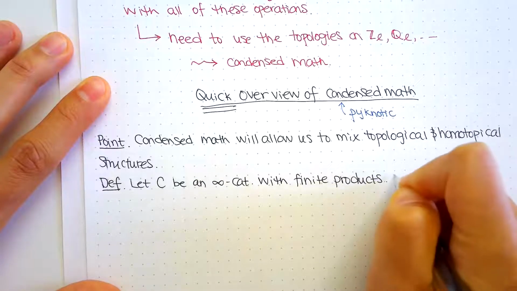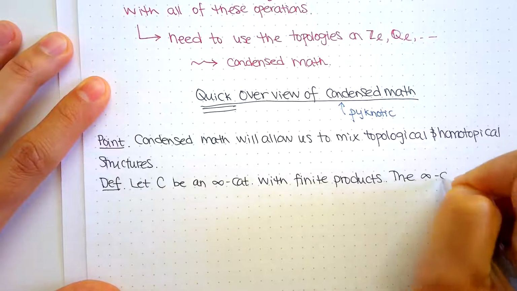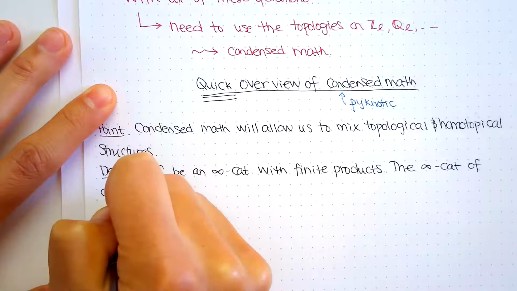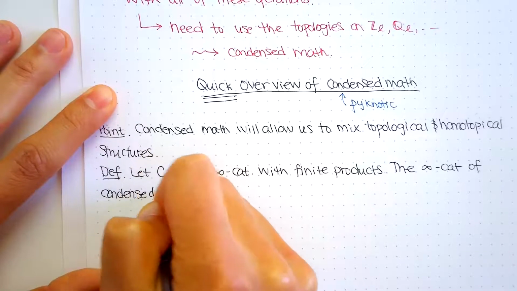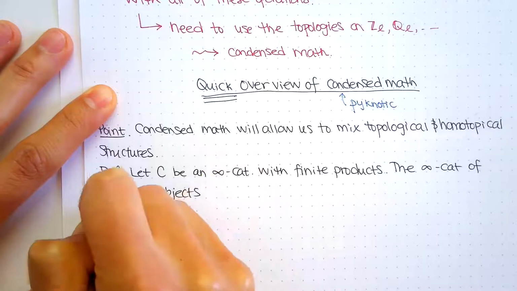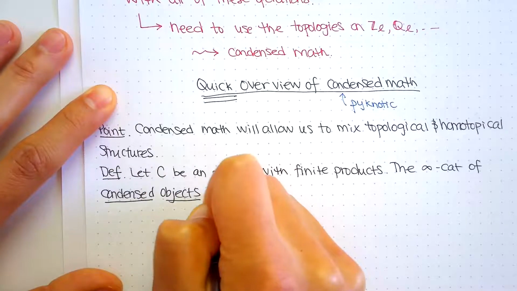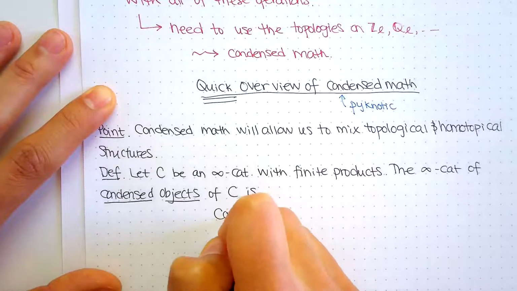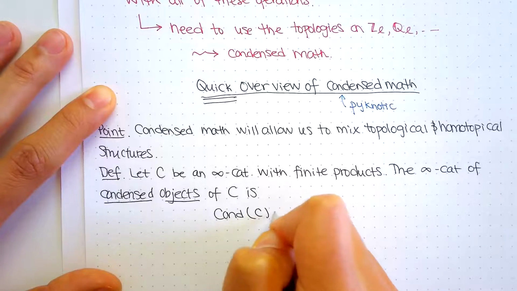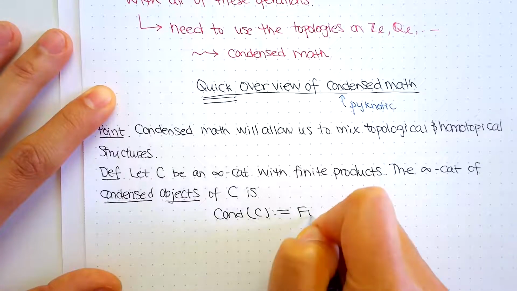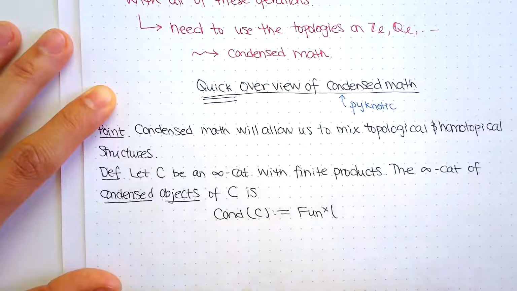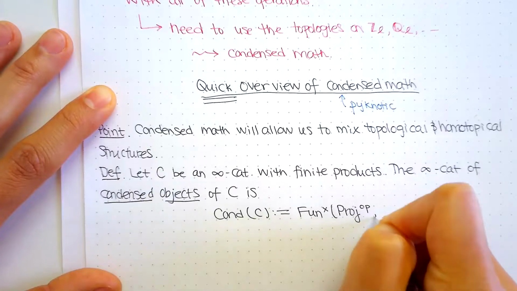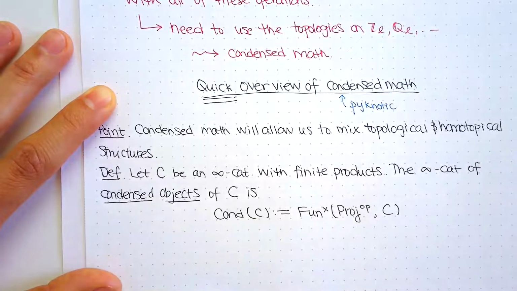And so the infinity category of condensed objects of C is defined in the following way. Cond of C is the product preserving pre-sheaves on a category I'll write as proj to C. So what is this category?